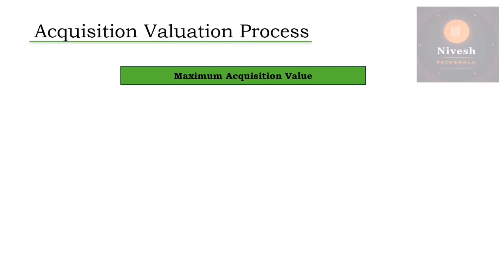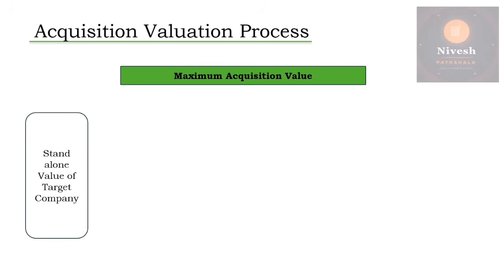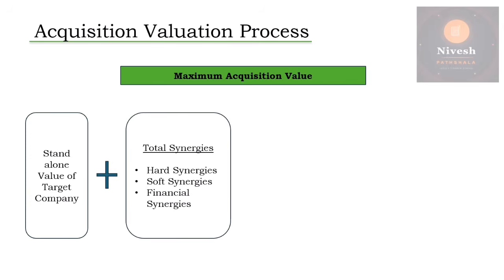For the maximum acquisition value, there is a formula. The first is the standalone value, which is measured by the DCF model, comparable company analysis, and precedent transactions. Then we add the total synergies, the extra value we get over that past value. So hard synergies, soft synergies, and financial synergies, all these synergies we add to the value of the standalone company.